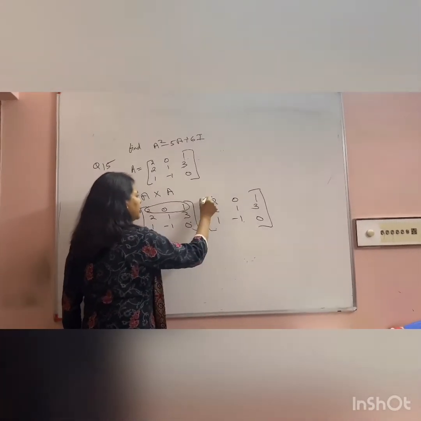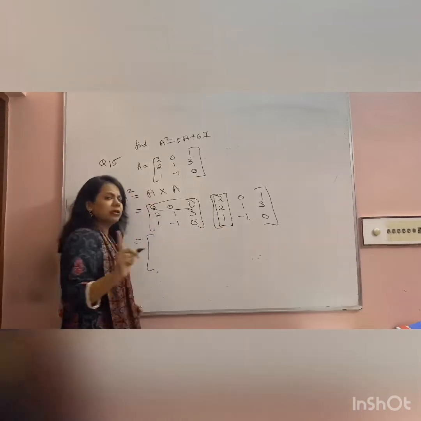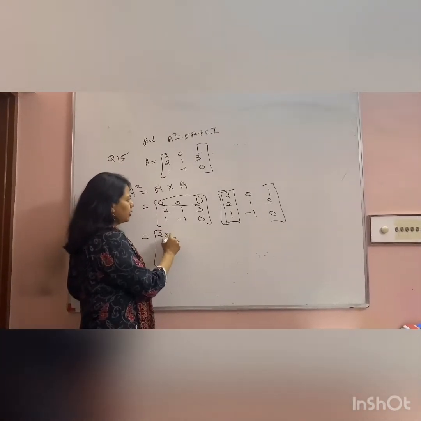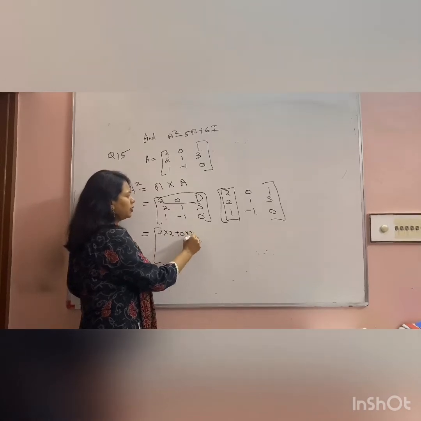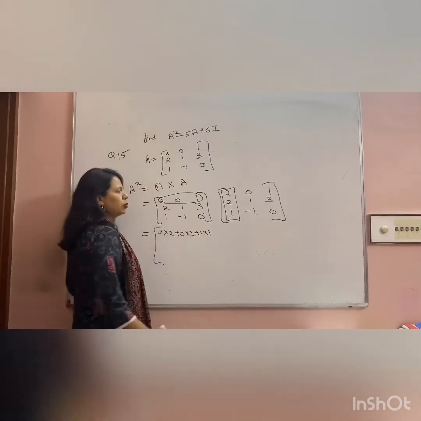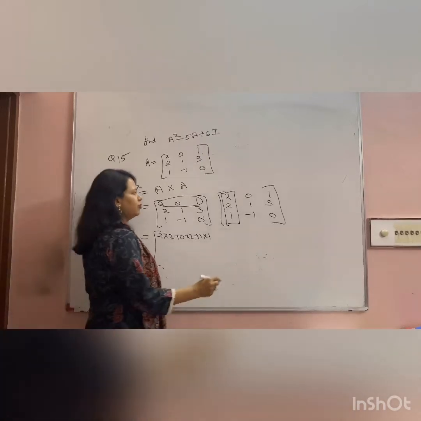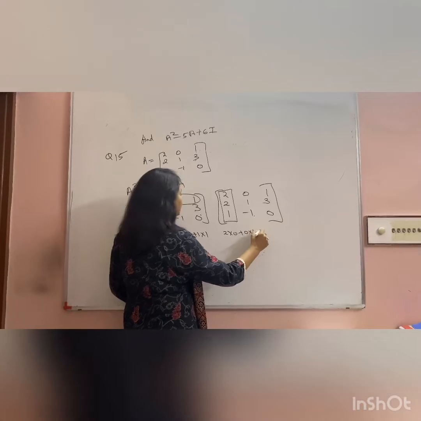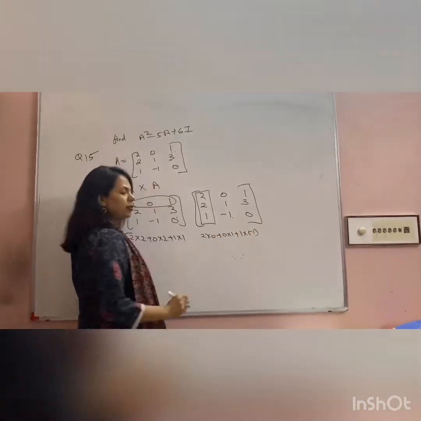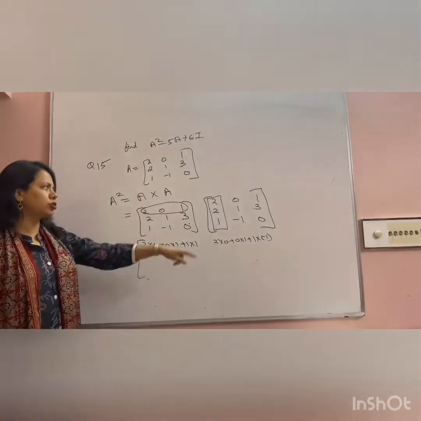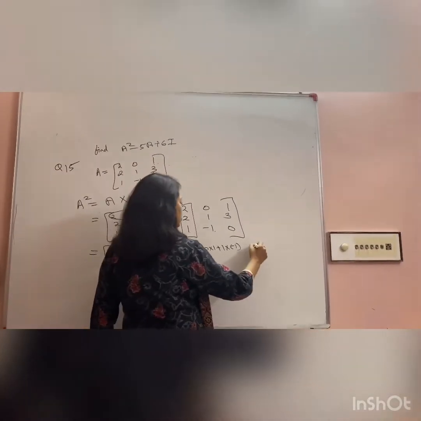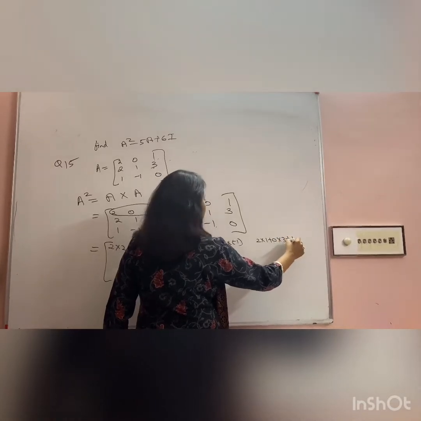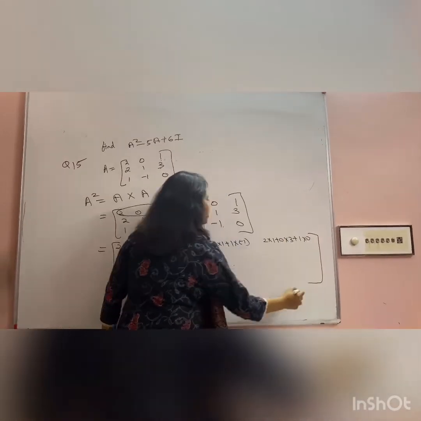First row into the entire first column gives me the first element. So what would I do? 2 into 2 plus 0 into 2 plus 1 into 1. In the same way, first row, second column: 2 into 0 plus 0 into 1 plus 1 into minus 1. Now first row, third column: 2 into 1 plus 0 into 3 plus 1 into 0.